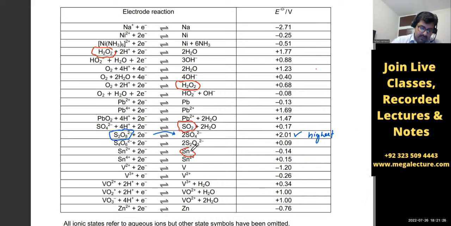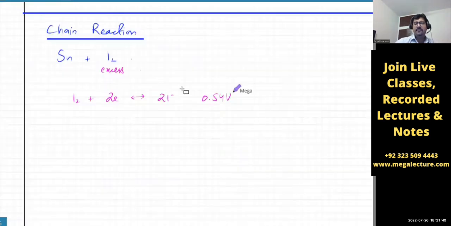This is tin 2 plus, 2 electrons, and it's in equilibrium with tin. And the value is minus 0.14 volts, right? So this is simple. You just have two equations. That's it.